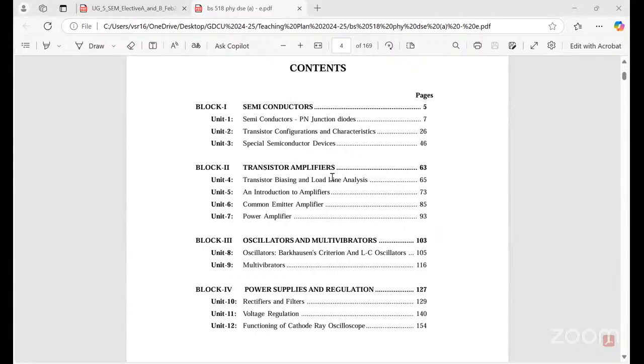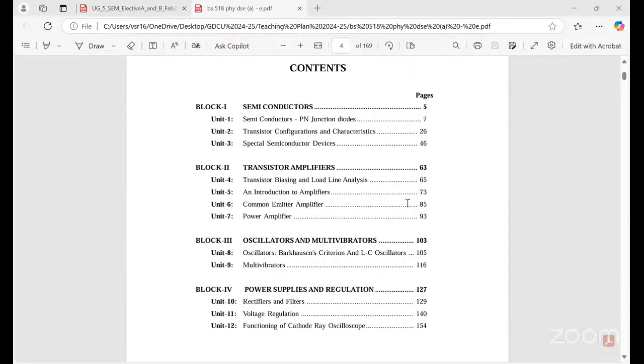In the semiconductors, what are the semiconductors? You need to know what is a PN junction diode and what are the VI characteristics of a PN junction diode. Next is the transistor configurations and characteristics. What is a transistor? What are the different types of transistors?